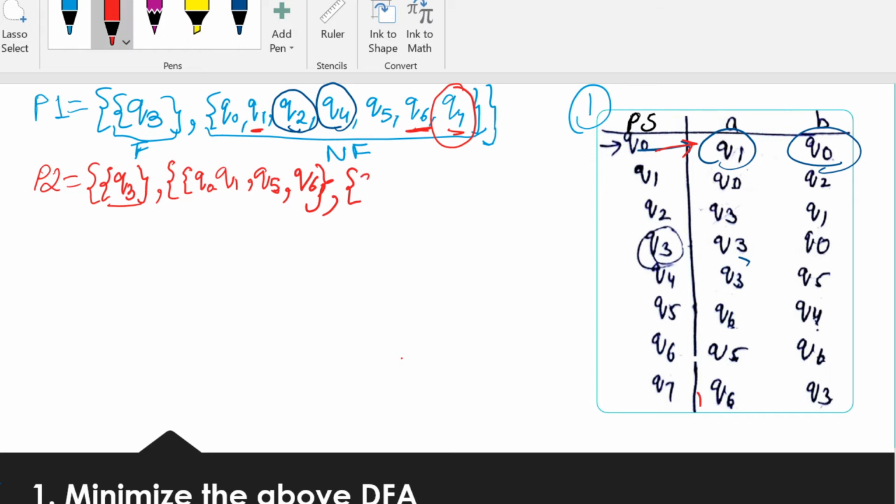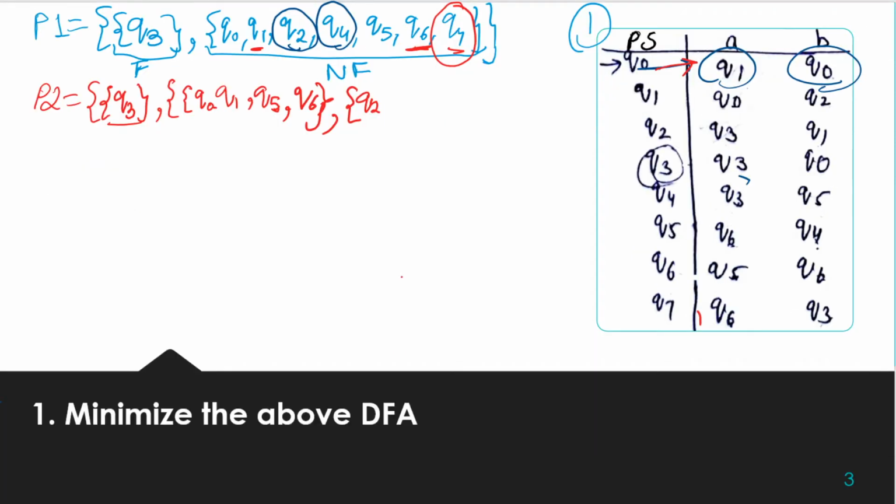So just writing the first state, Q2. Now we have to check whether Q4 is compatible with Q2 or not.